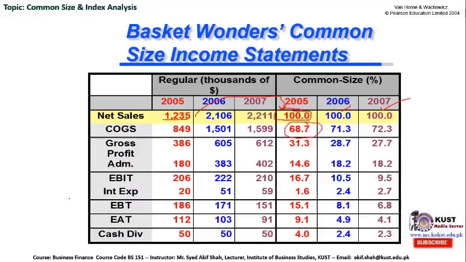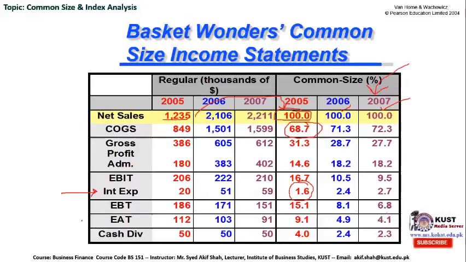And similarly, we can make an analysis for interest expense in a fashion that interest expense of Basket Wonder in 2005 is 1.6% of the net sales of the company. In a similar fashion, if we would like to make an analysis for year 2007, the percentages have been calculated by using the same formula.